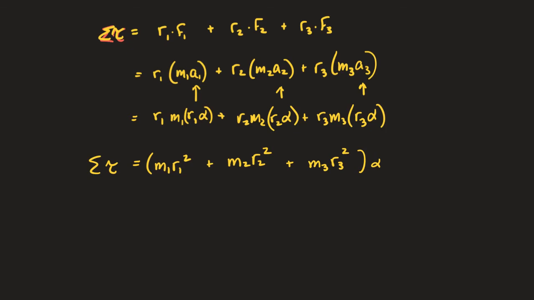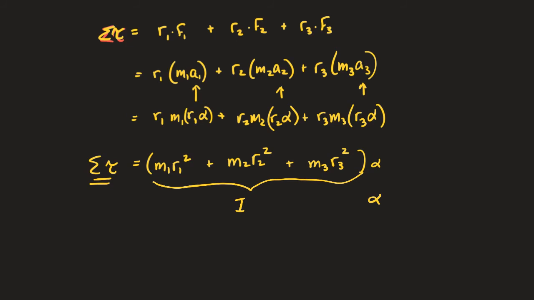Now, for those of you who don't see what I did, I showed that the sum of torques produces the moment of inertia times an acceleration. This is a proof of Newton's second law for torque, based on Newton's second law for force.